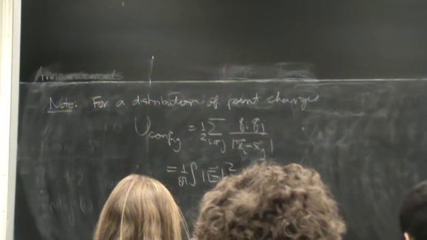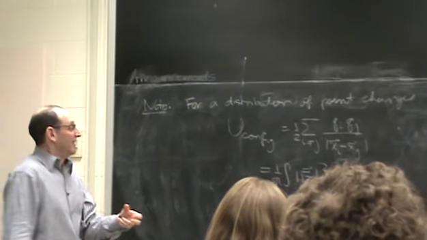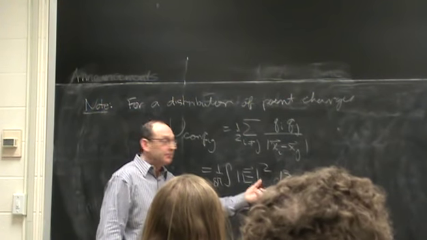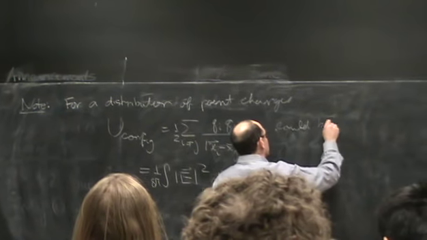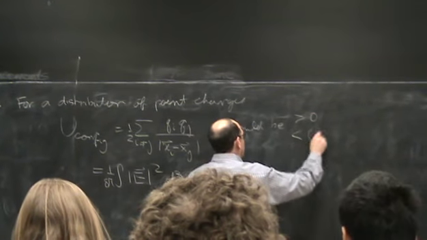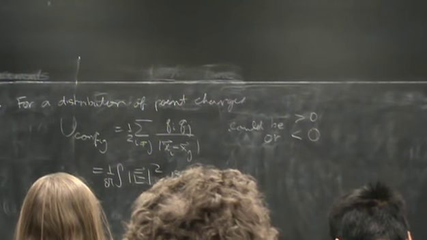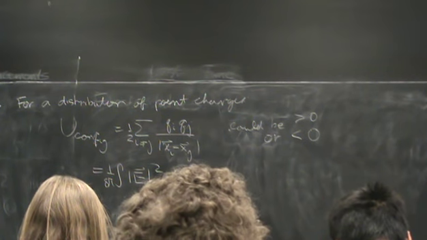Because the square of the field is a positive number. And then we integrate over positive volume elements, so it's positive. Whereas this could be positive or negative. So what the heck happened?